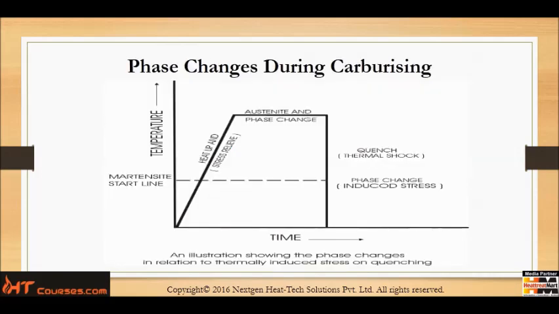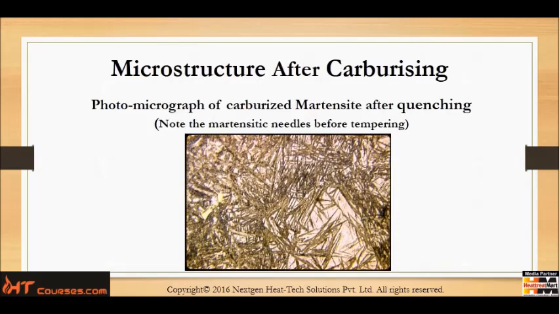There's a graphical illustration of the process of carburizing, showing where the changes take place and what the structural change is that occurs. A photomicrograph of a carburized martensitic case after quenching. You note the martensitic needles before tempering. The martensitic needles are called needles simply because they look like straw needles or steel needles all intermingled together.